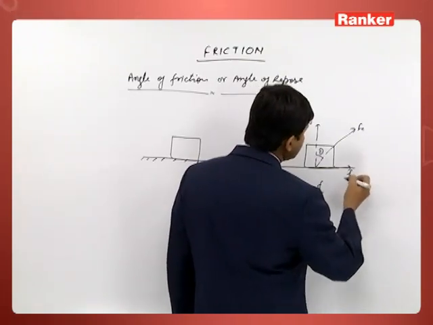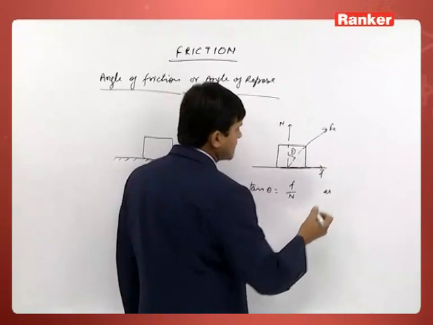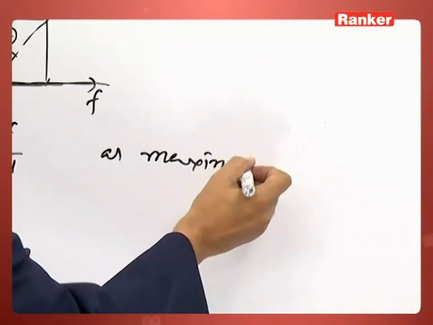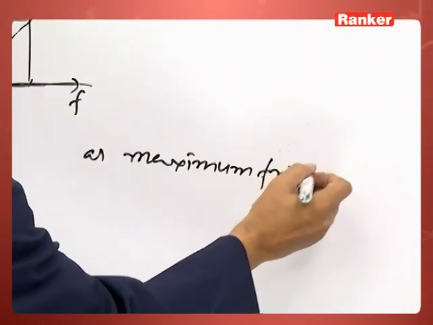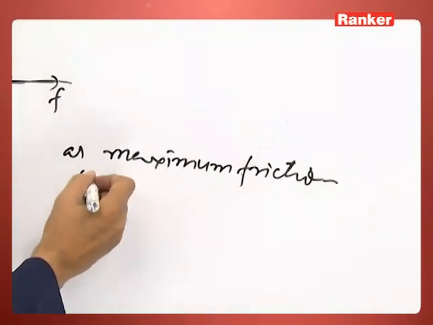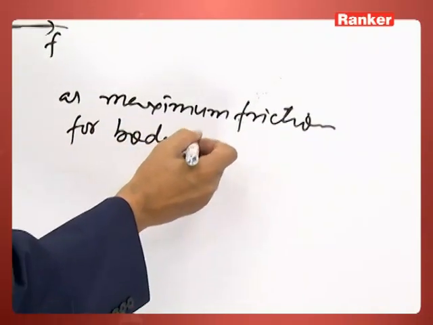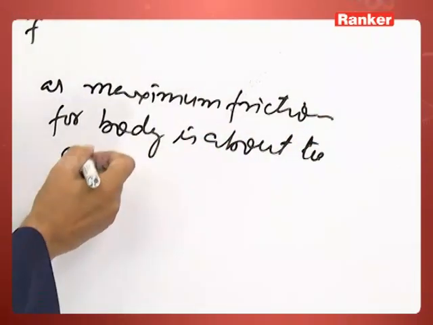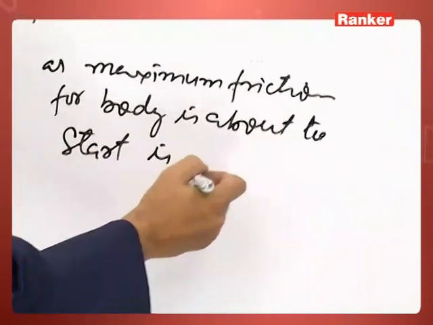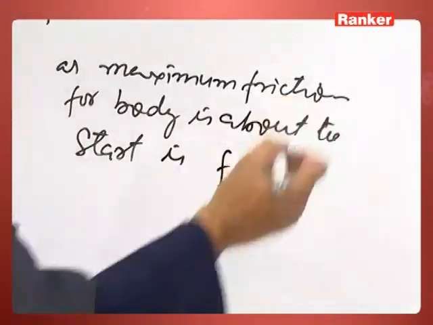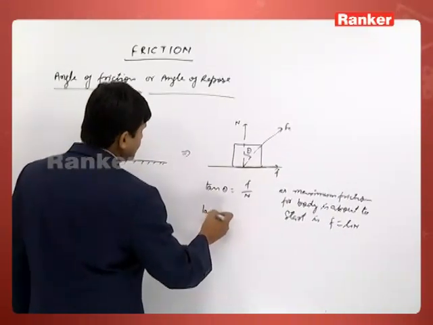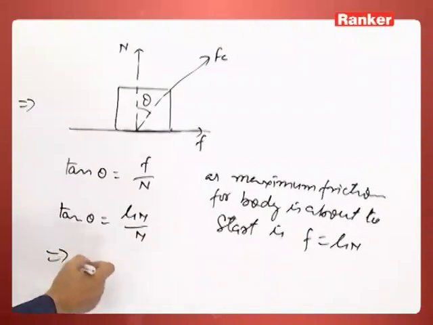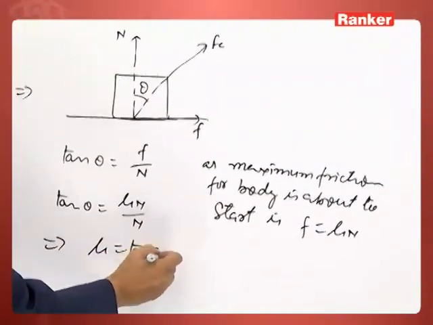As we know, the maximum friction force for a body about to start is F equal to mu into N. So tan theta is mu N by N, so mu is equal to tan theta.